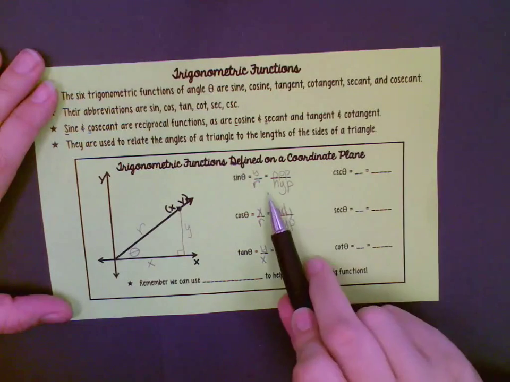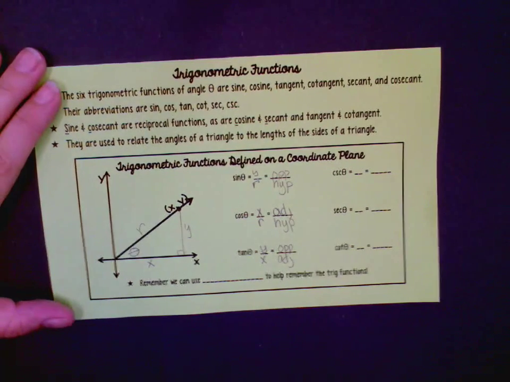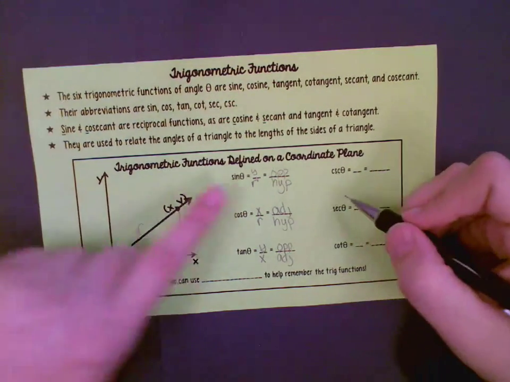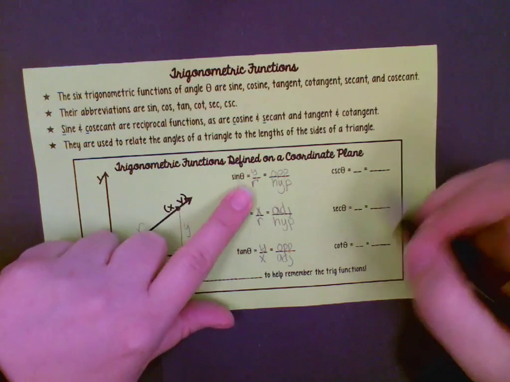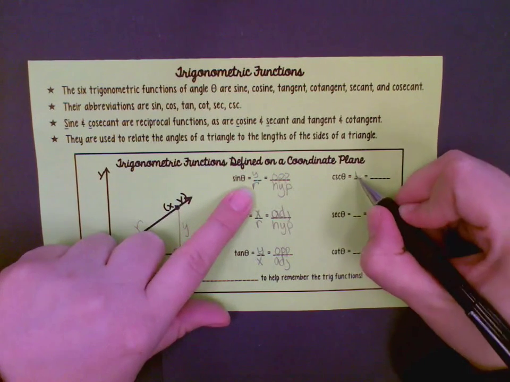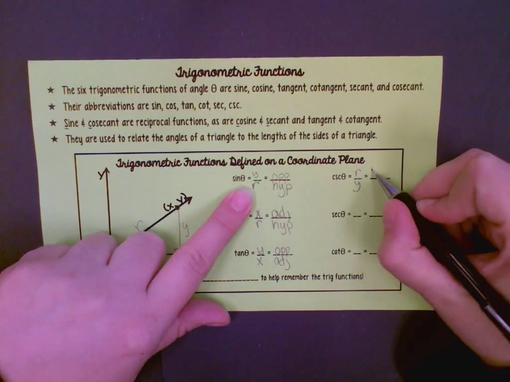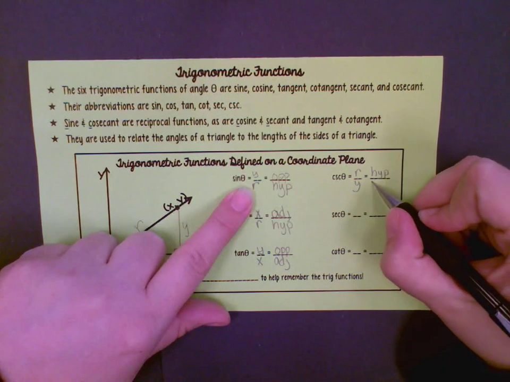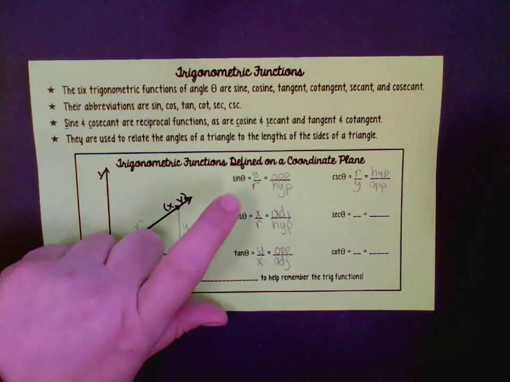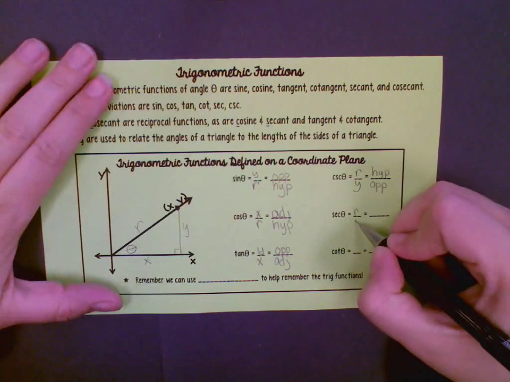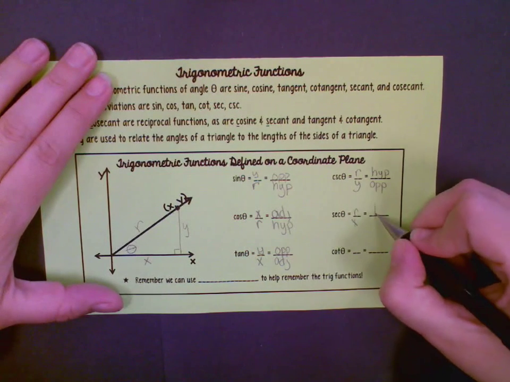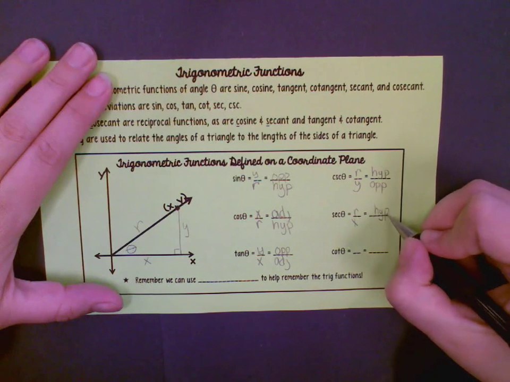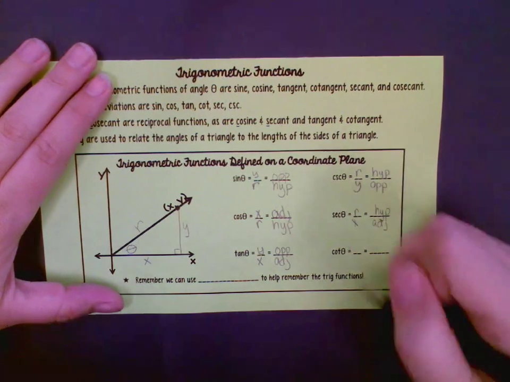So for the reciprocal functions, it's just the reciprocal of that. So if sine is y over r, then cosecant would be r over y, or the hypotenuse over the opposite side. And the same thing for secant and cotangent. We just have to flip them.